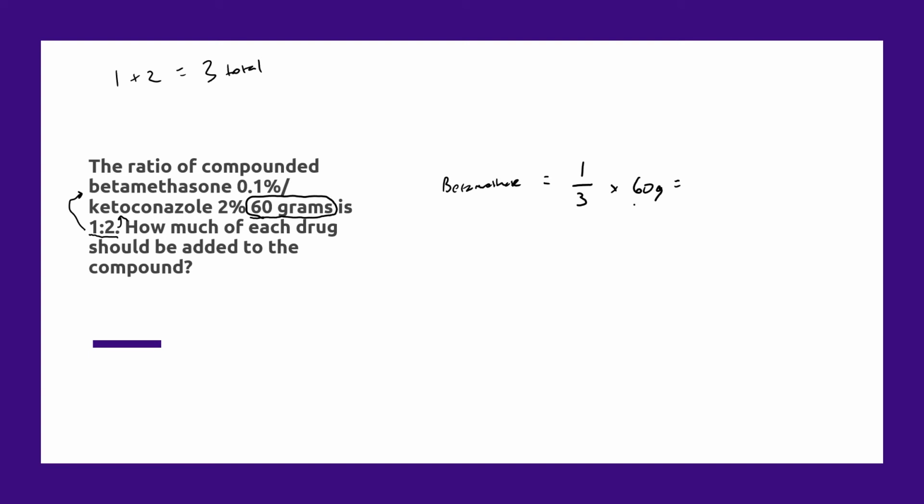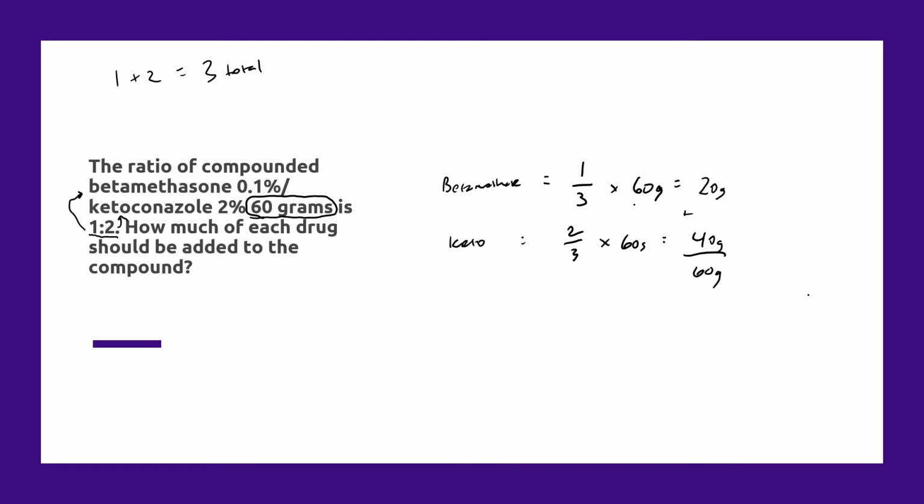And 1/3 of 60 is 20 grams. And then our ketoconazole is 2 parts for every 3 total parts, times 60 grams equals, and that'll be 40. And then obviously these two together should make a total of 60 grams.